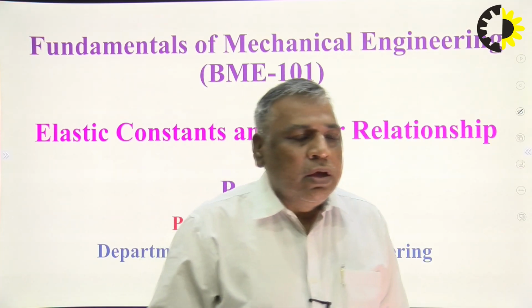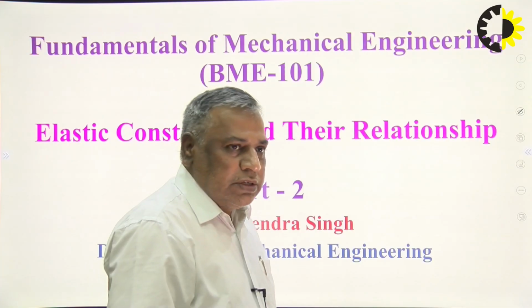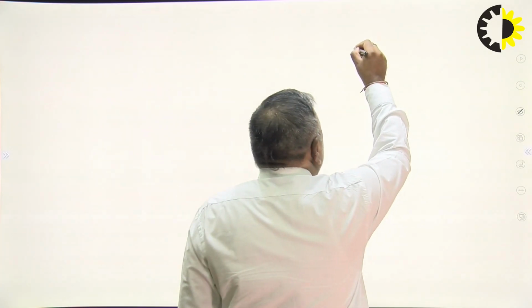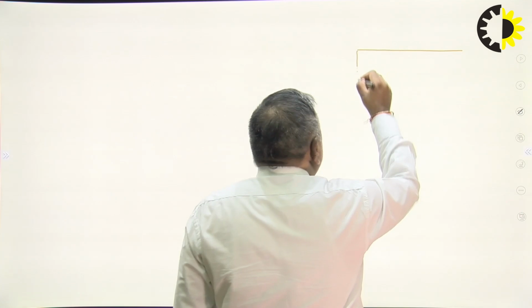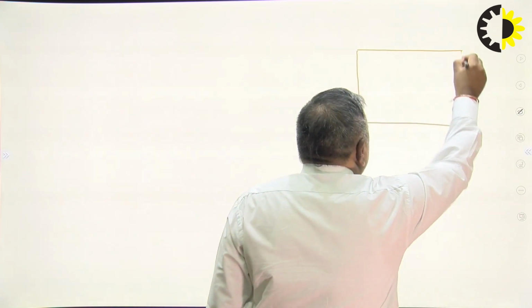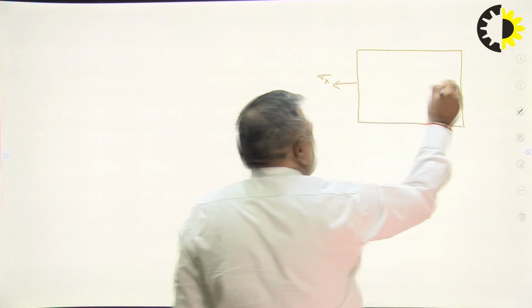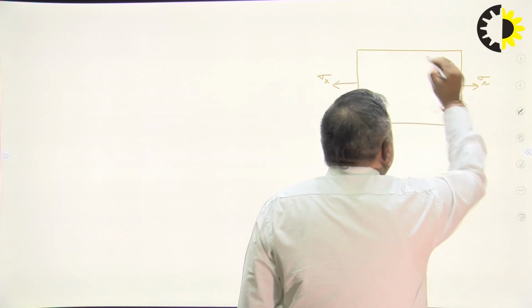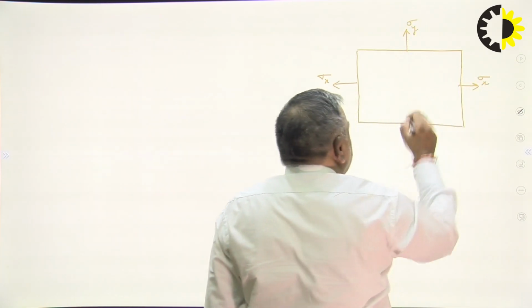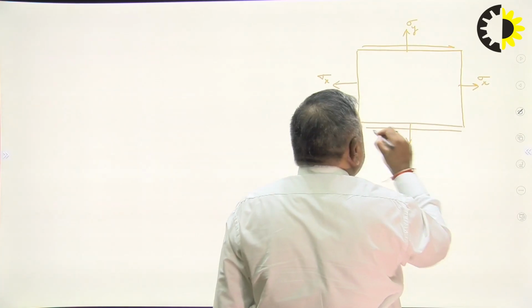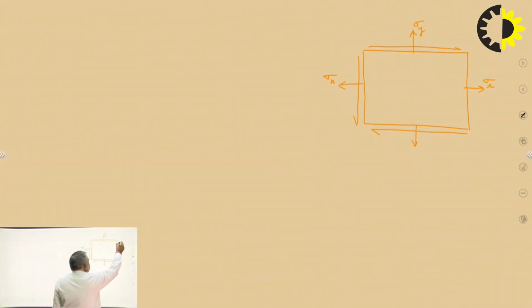So before establishing the relationship, we should discuss the concept of normal stress on any oblique plane. For example, this is a block and it is subjected to a biaxial state of stress sigma x, sigma y, along with a shear stress like this.